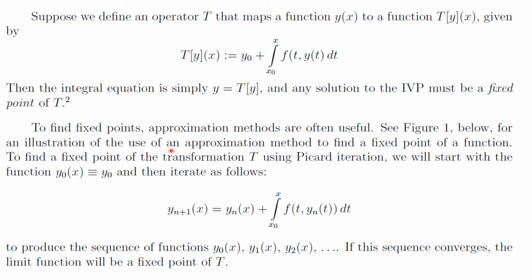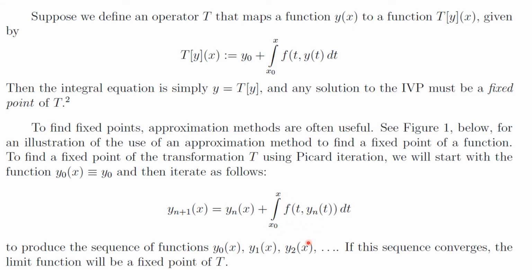Okay, so what we are going to do is start by saying y0 equals y0, my initial value. But then we're going to use the iterating equation y_{n+1}(x) is equal to y_n(x) plus, and this is going to be the integral from x0 to x of f of t, y_n of t.